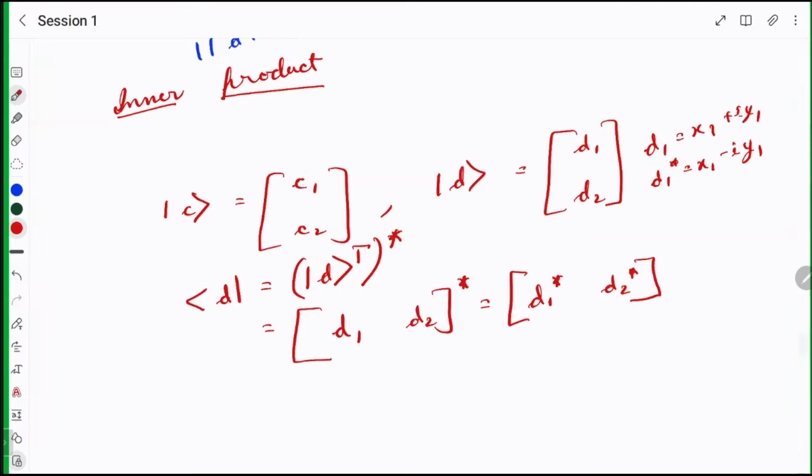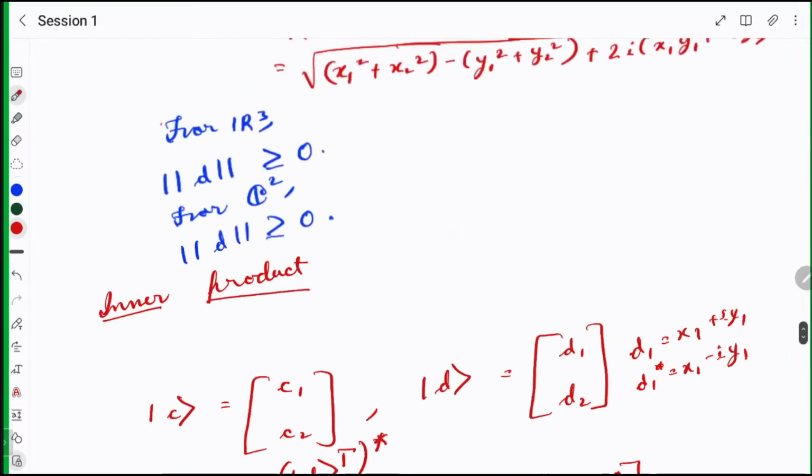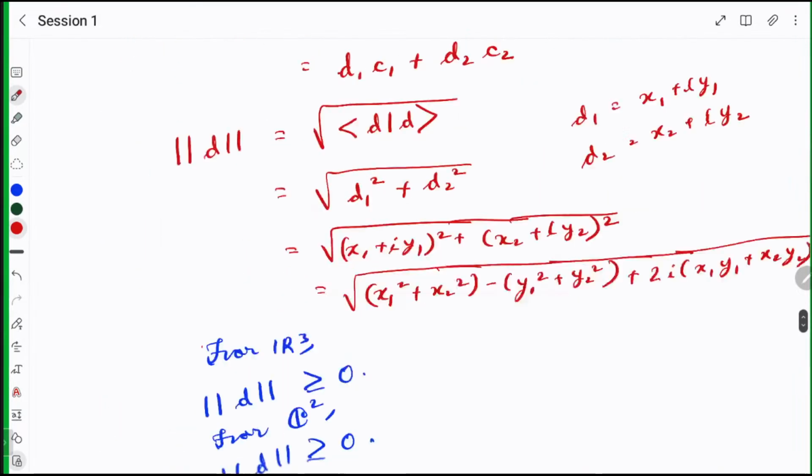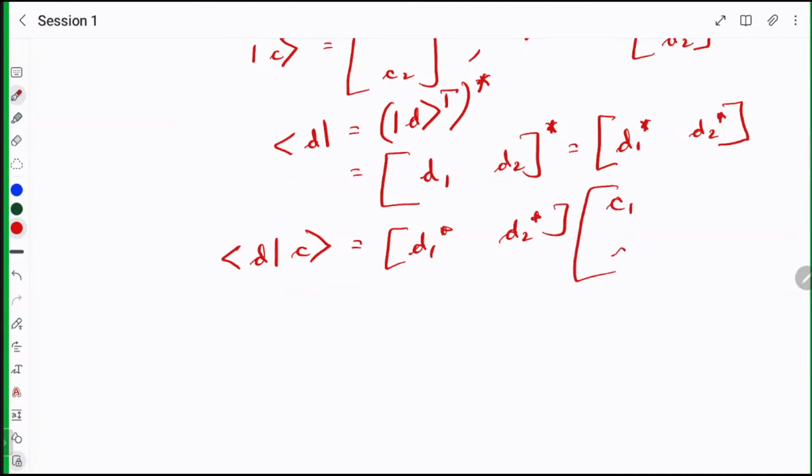Now, with this definition, what did we calculate? CD or DC? DC would become this. That is D1 star C1 plus D2 star C2.